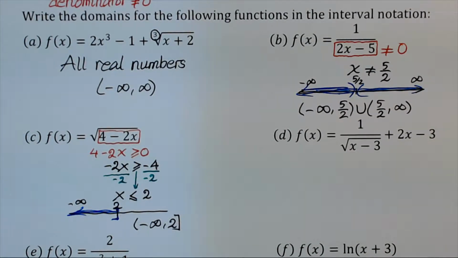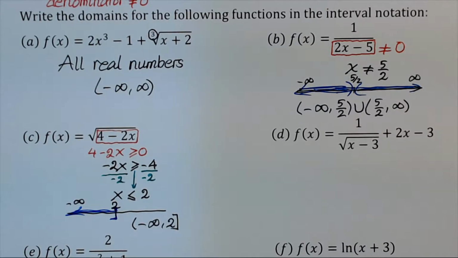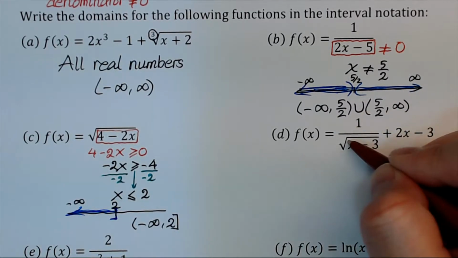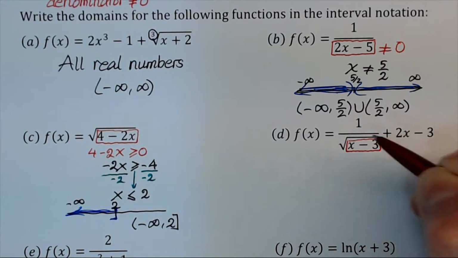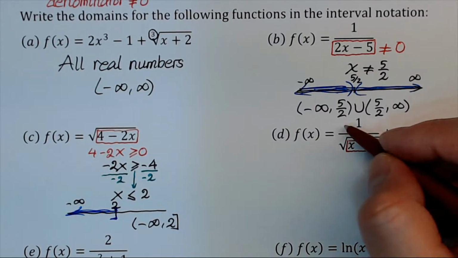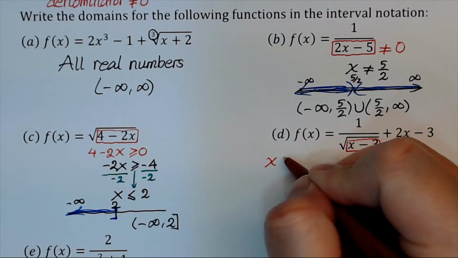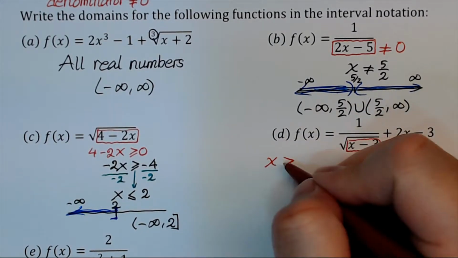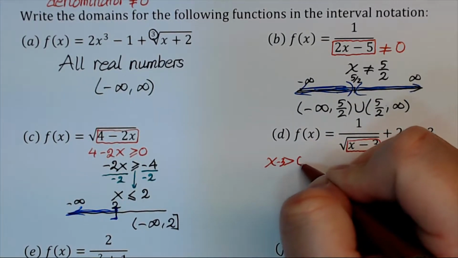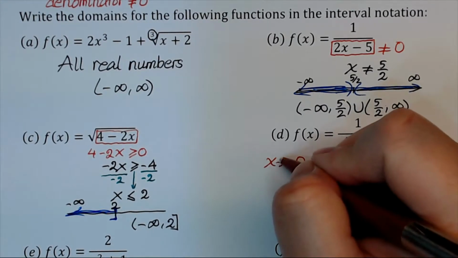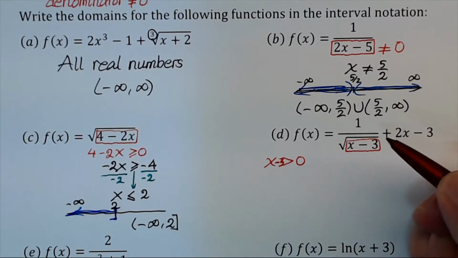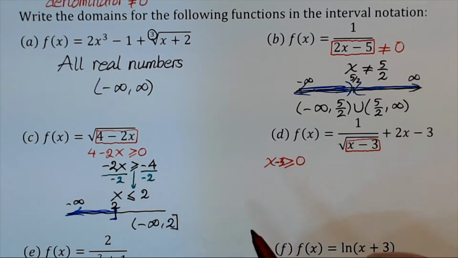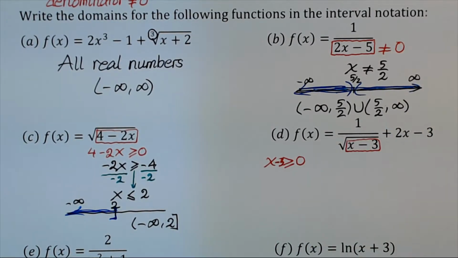Next, a little bit more difficult. First, we require the x minus 3 inside an even root, a square root, to be greater than or equal to 0, because that's just inside an even root.